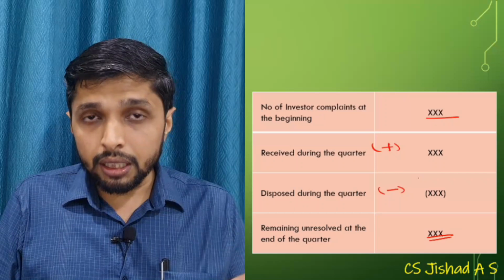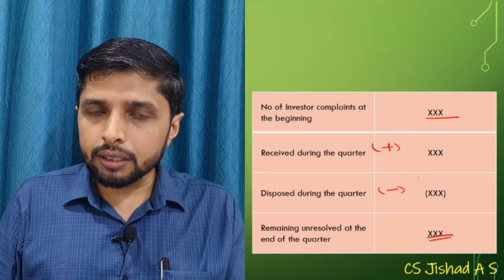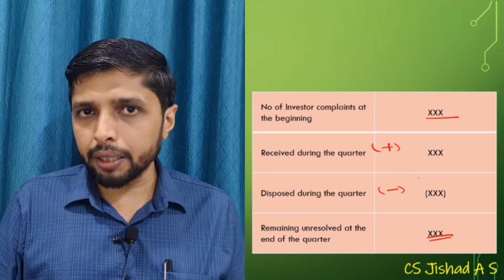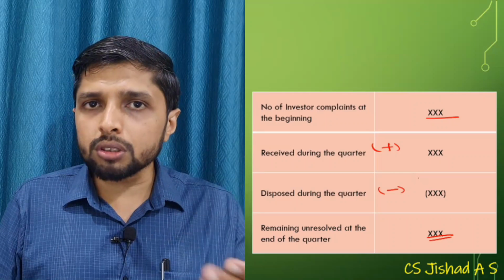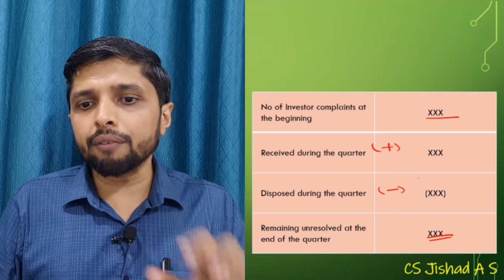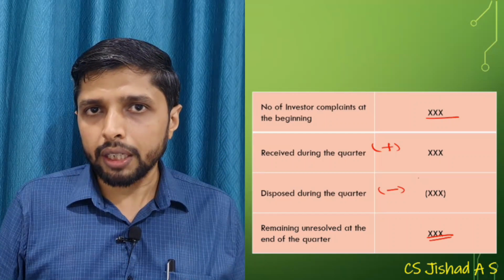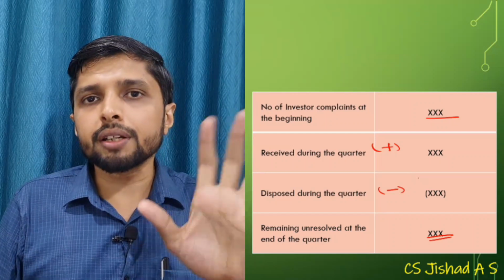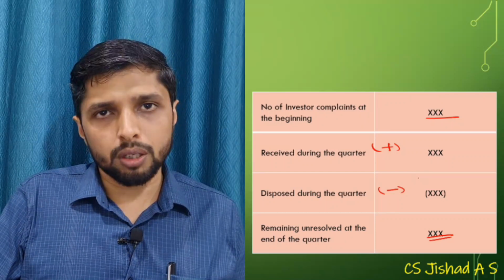So if there were 10 outstanding complaints at the beginning of the quarter, now in this quarter we have received 7 complaints. So the total will come to 17. We have disposed 12 complaints. So we will be having a balance of 5 complaints. Okay, so that will be intimated to the recognized stock exchange within 21 days from the end of the quarter.